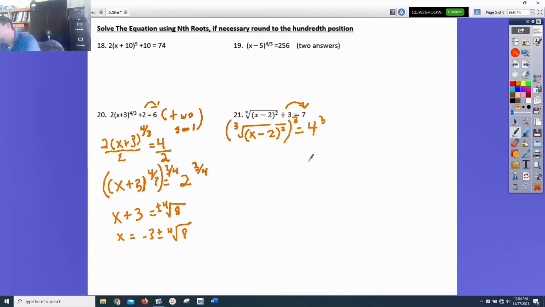And 4 cubed is going to be 64. Now, these 3's, they cancel each other out, and the radical disappears. All right, because now it's the first power, or the first root, which is itself.